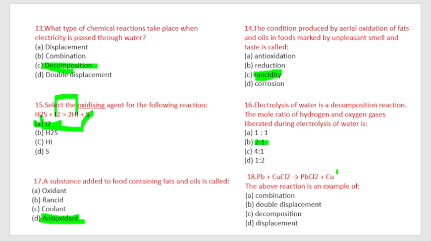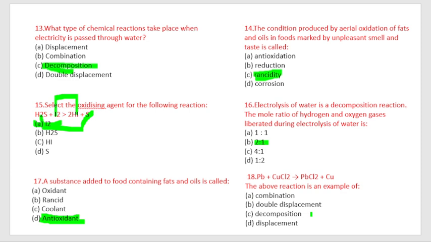Here more than a single product is there. Then decomposition. A decomposition reaction is just the opposite of combination, is it? There will be only a single reactant, and that single reactant will be decomposed into two or more products. So here more than one reactant is there, so it is not a decomposition reaction.